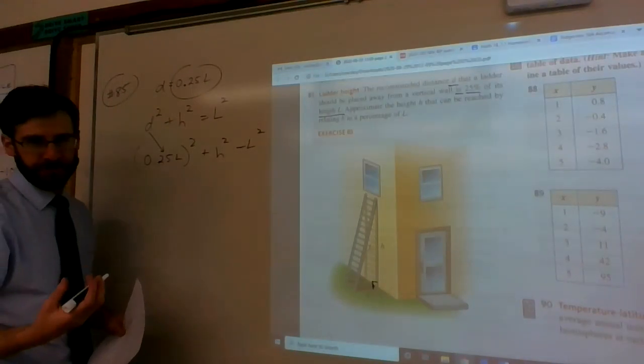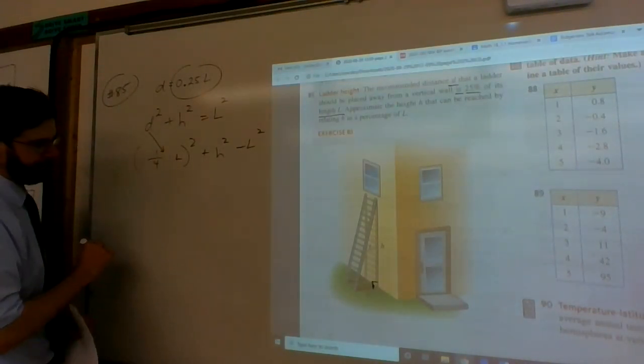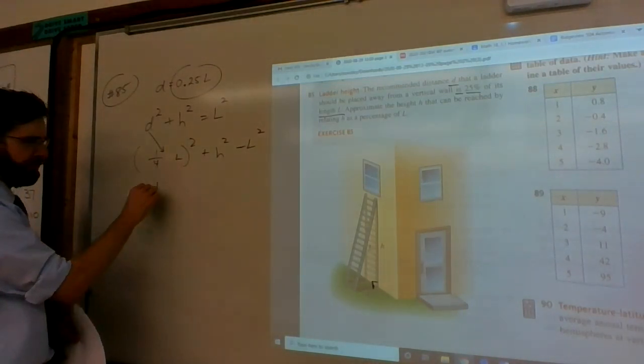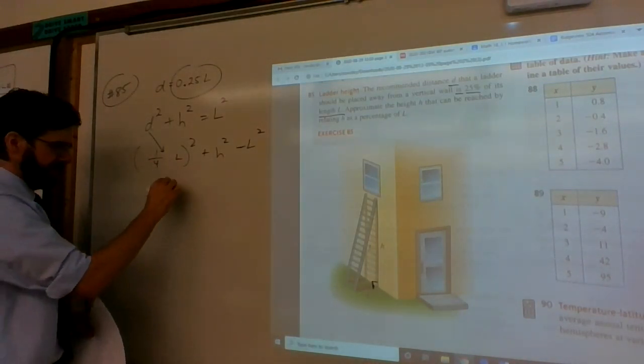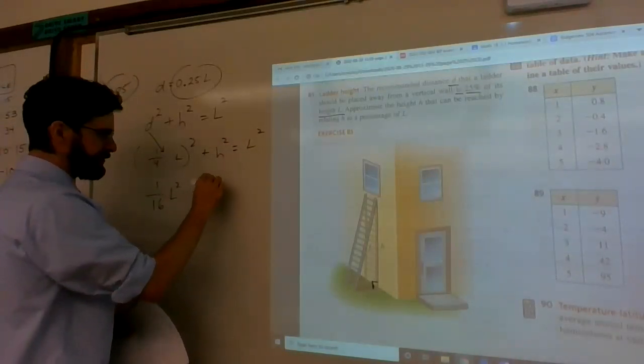I work a lot better in terms of fraction squared than decimal squared. So 1/4 times 1/4 is 1/16. L times L is L squared. Plus H squared is equal to L squared.